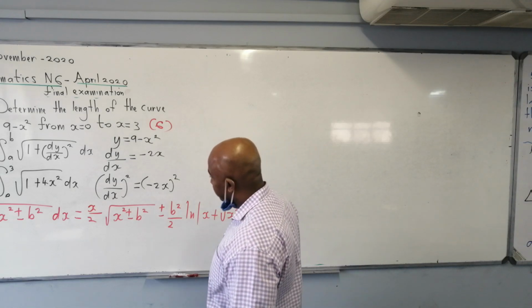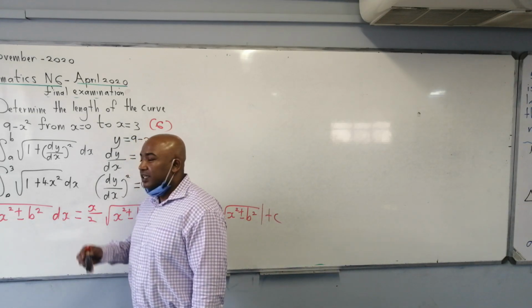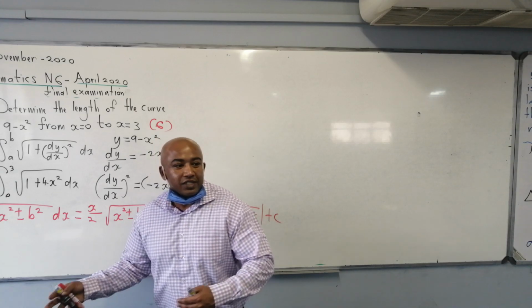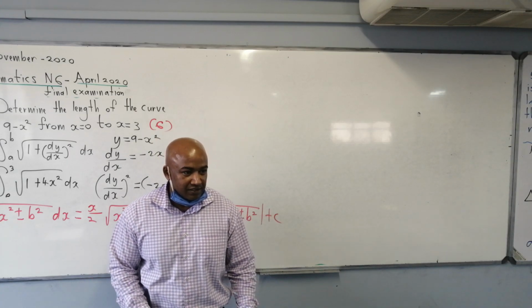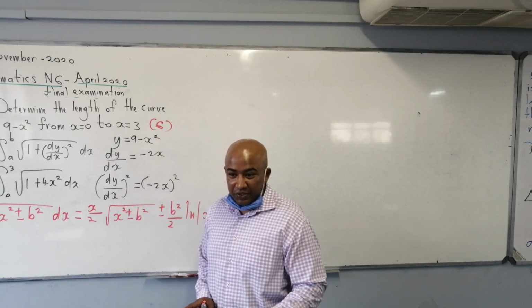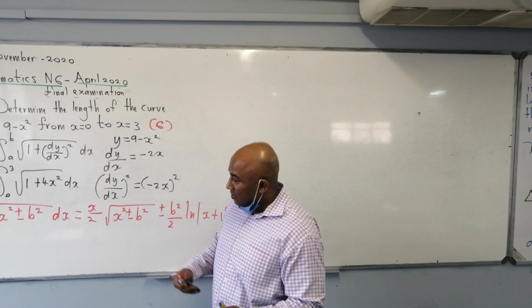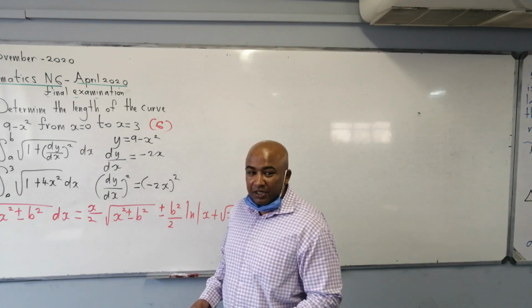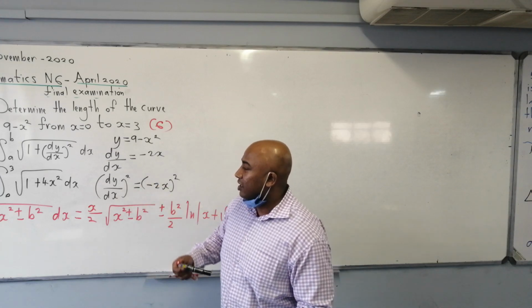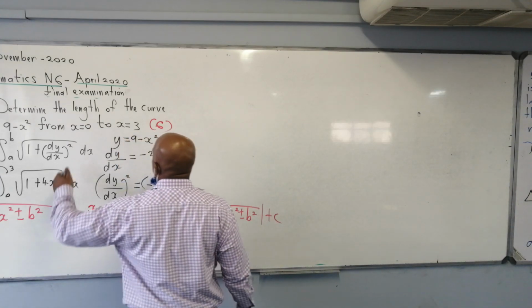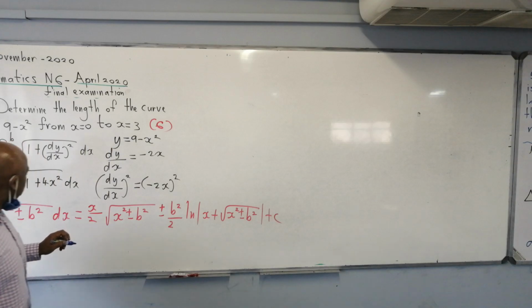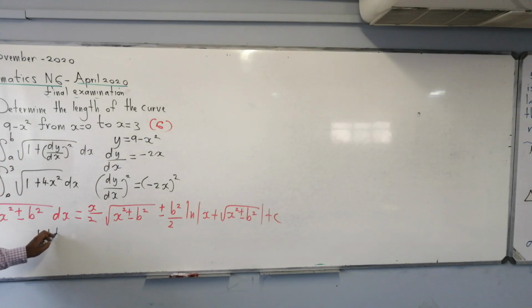You could use a u substitution, or you could take out 4 as a common factor. It's up to you what you want to do here. I think it will be faster, but you can try it out both ways. Let's take out a common factor. Watch. I got 1 plus 4x squared. I'm going to deal with the square root now.